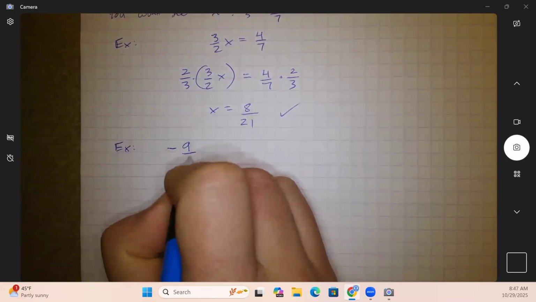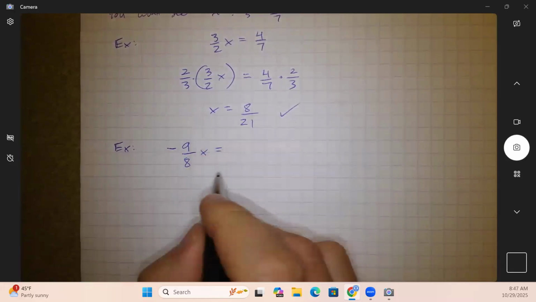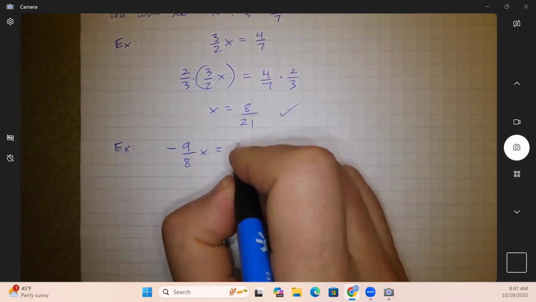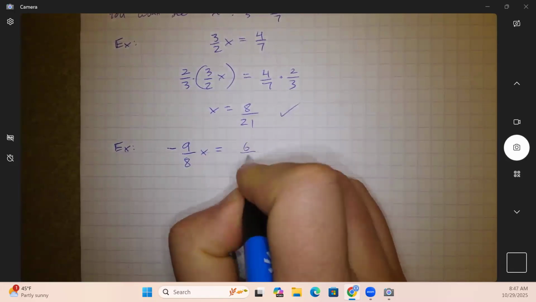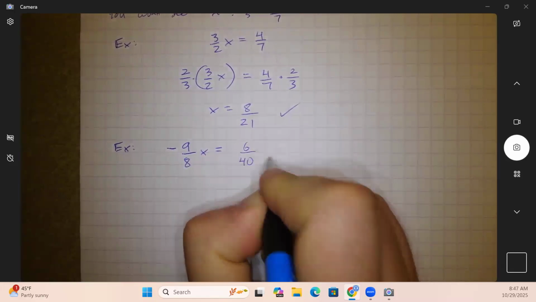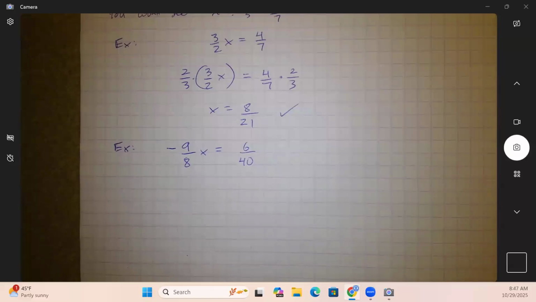Negative 9/8 x equals 6 over 40. We want to clear the coefficient, so we want to multiply by the reciprocal.